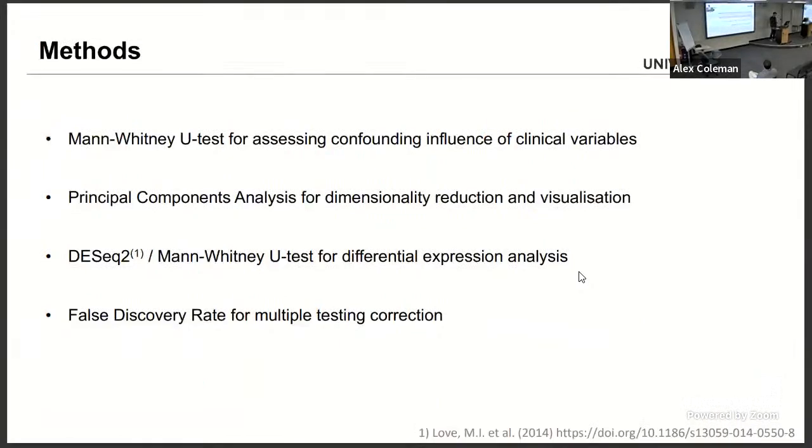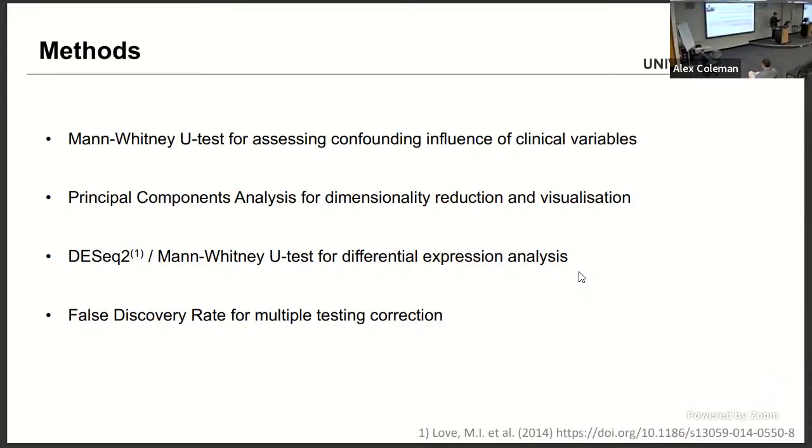And just for the sake of reproducibility, here are the methods that I used to generate the results that I'm going to present. Just to go quickly through them: I used Mann-Whitney tests to assess the confounding influence of clinical variables. Then I used principal components analysis for dimensionality reduction and visualization.